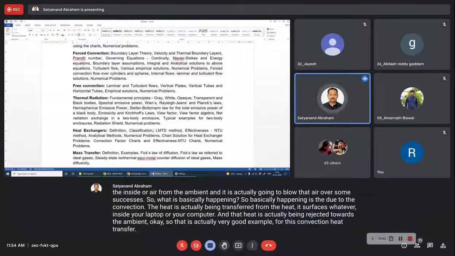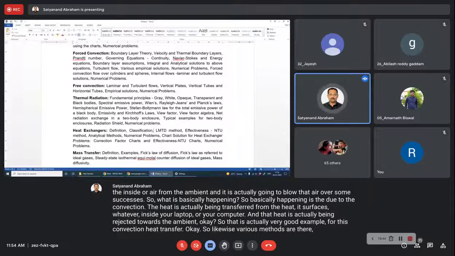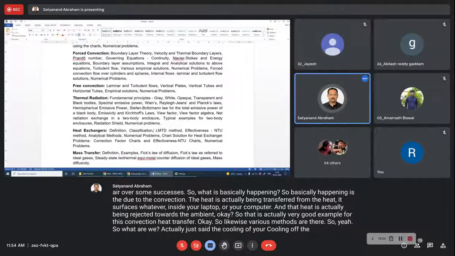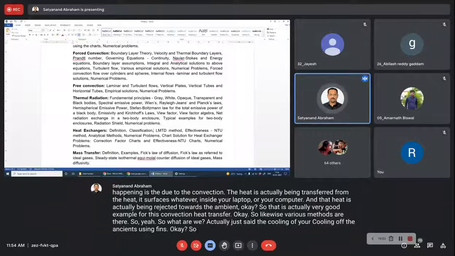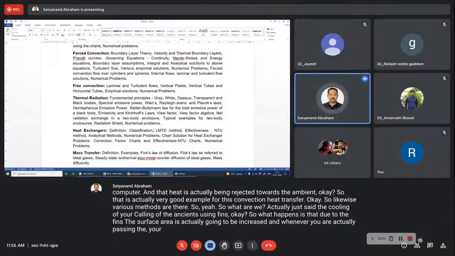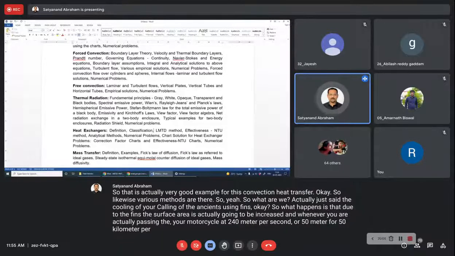Likewise, various examples are there, such as the cooling of engines using fins. Due to the fins, the surface area is increased, and whenever you ride your motorcycle at 40 meters per second or 50 kilometers per hour, there is a flow of air over your engine.